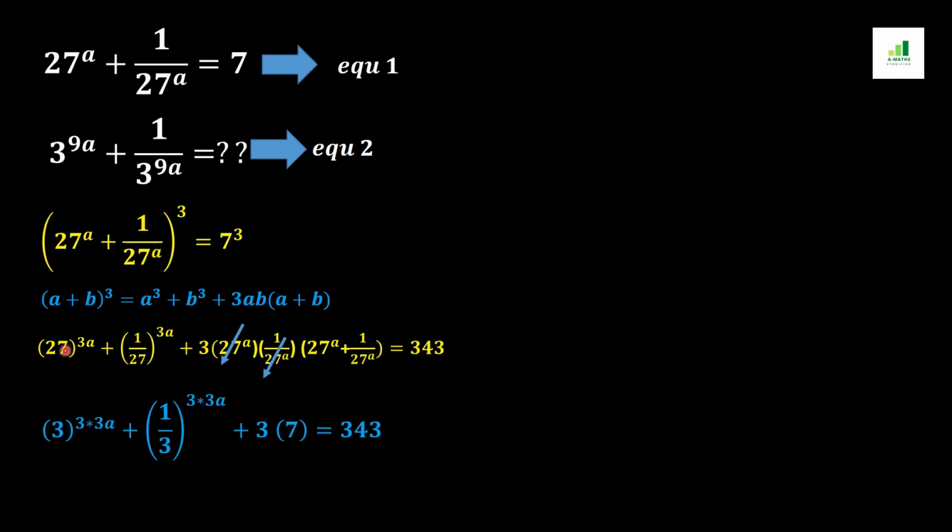Now you can see that this 27 can be written as 3^3, and this 3a will remain the same, and in the same way this 1/27 can be written as 1 over 3 overall power 3, and this 3a will remain the same. Simply we converted 27 into 3^3.